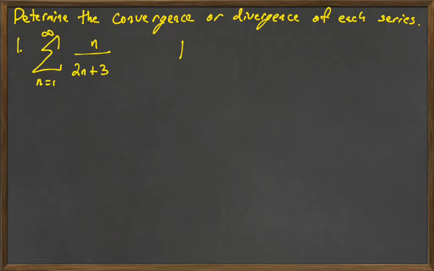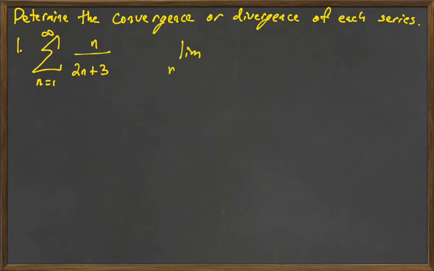A lot of times you can look at it visually and just say, okay, the limit of the sequence is not 0, divergence by the nth term test, and then you're done. Right now we only have two other series tests. We have the telescoping series, which this is not, and it's not a geometric series, so we can't use either one of those tests. So the only one we have is the nth term test.